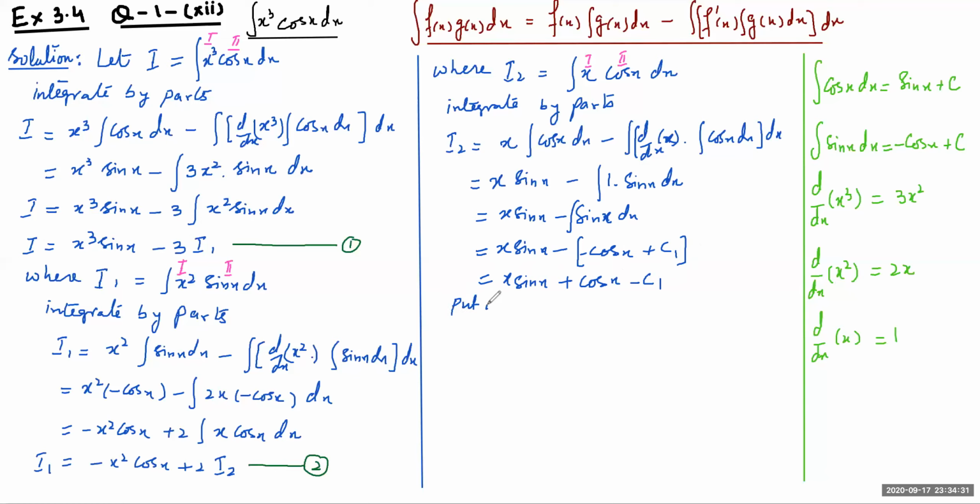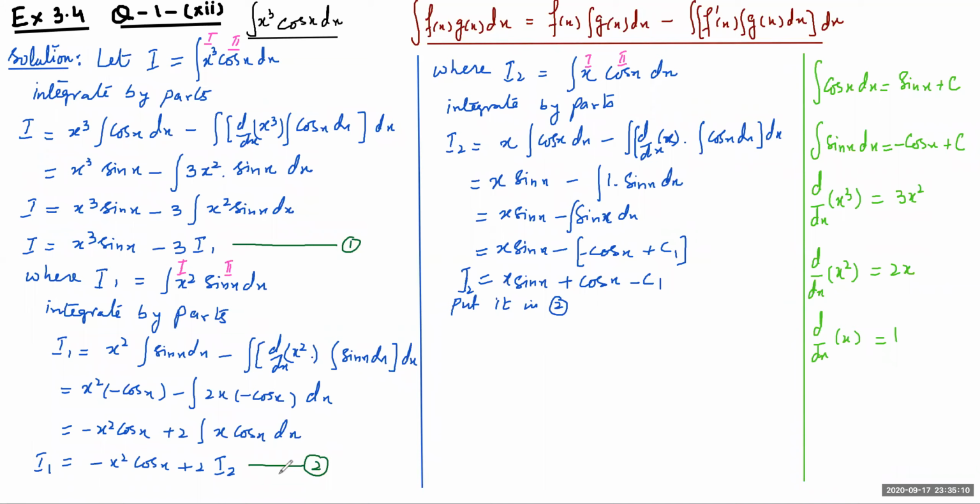Put this result in result number 2, the value of I2 in result number 2.